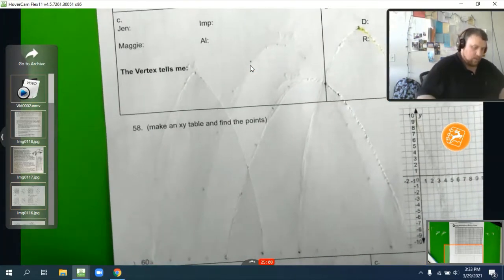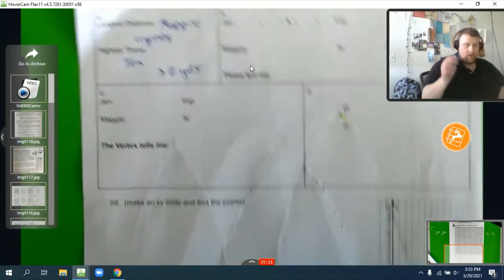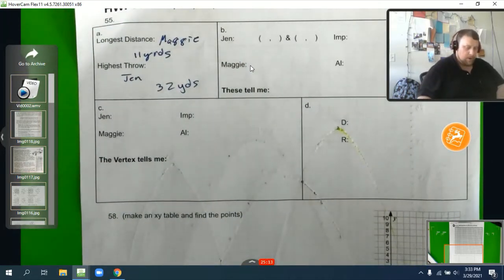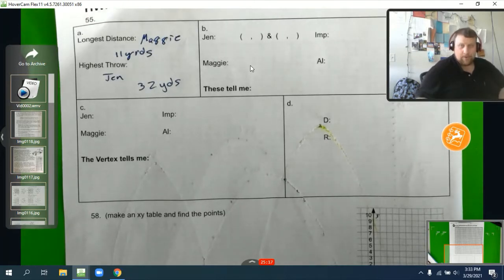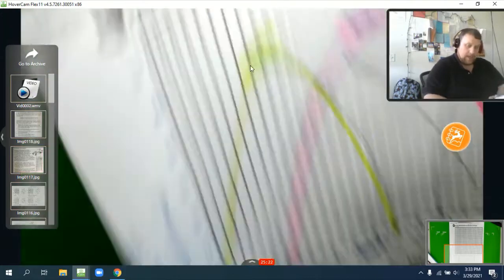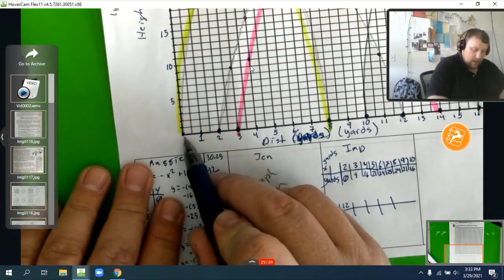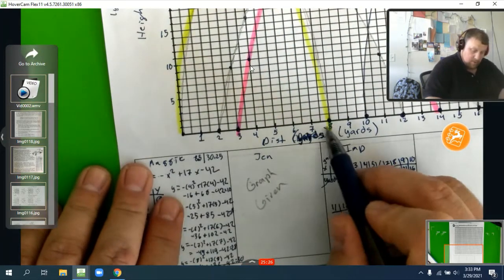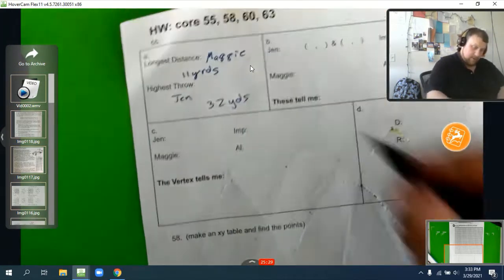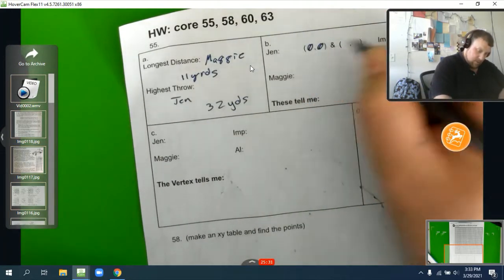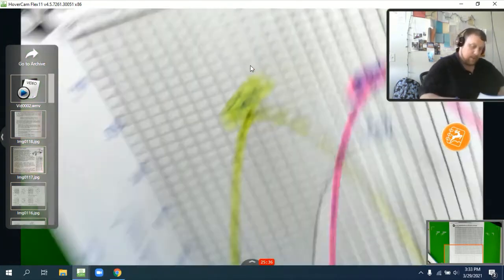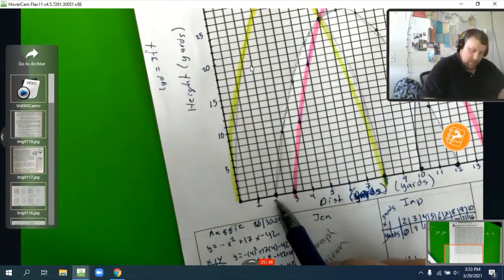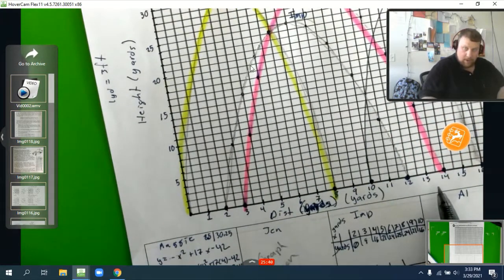And then these questions again are up above, but we want to know what are their start and ending values, or their x-intercepts. Jen had x-intercepts at (0, 0) and (8, 0). Imp's was at (2, 0) all the way over here to (12, 0).